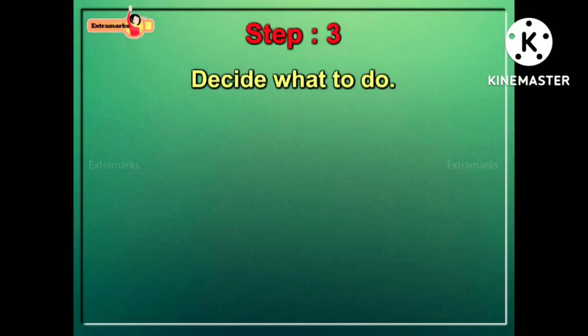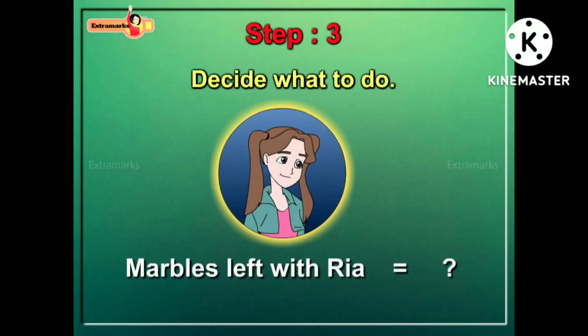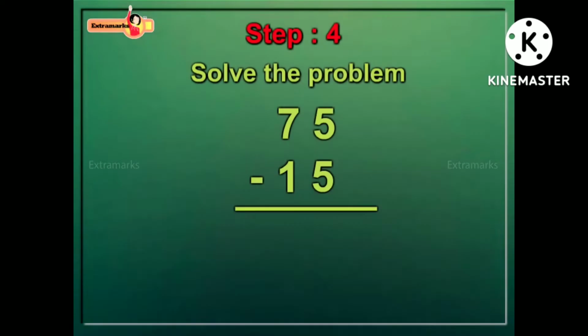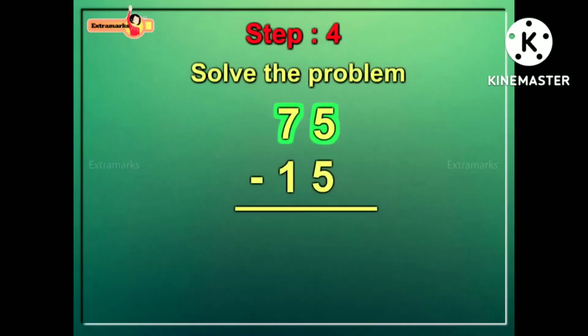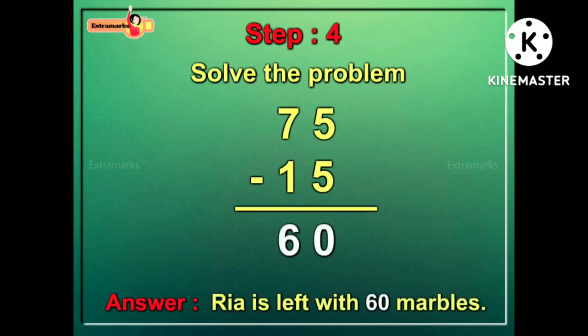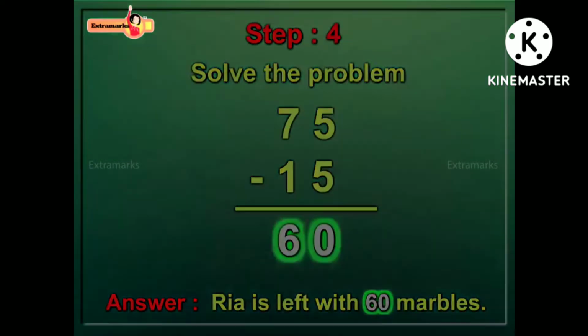Decide what to do. Here, we need to find out how many marbles are left with Ria. So, we must subtract. Solve the problem. 75 minus 15 equals 60. Answer: Ria is left with 60 marbles.